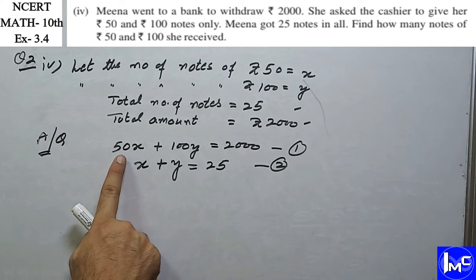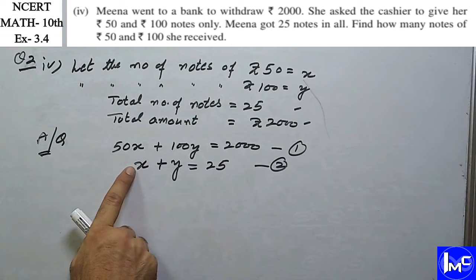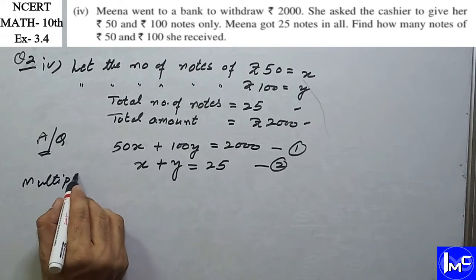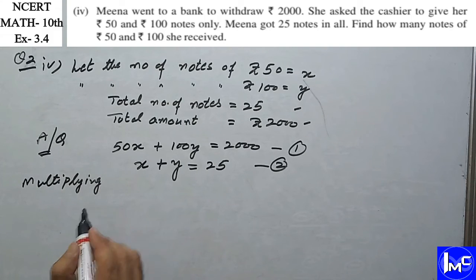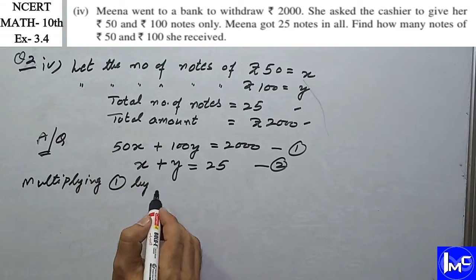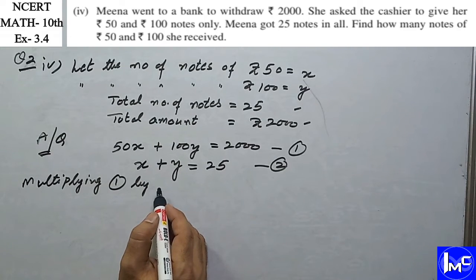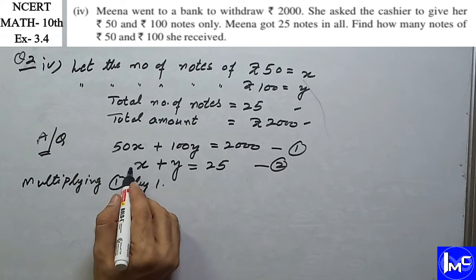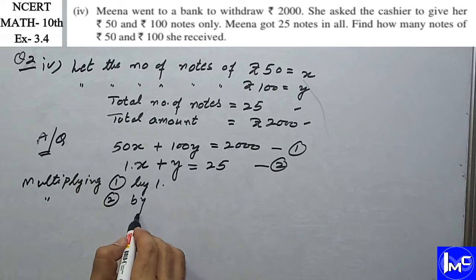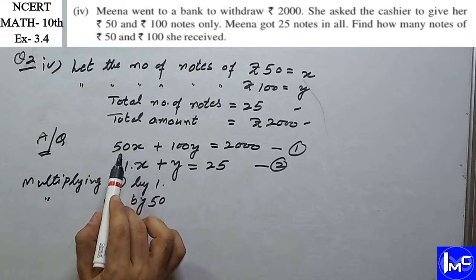We will equate the coefficients of x, multiplying equation 1 by 1, because the coefficient of x in equation 2 is 1, and multiplying equation 2 by 50, because the coefficient of x is 50 here.